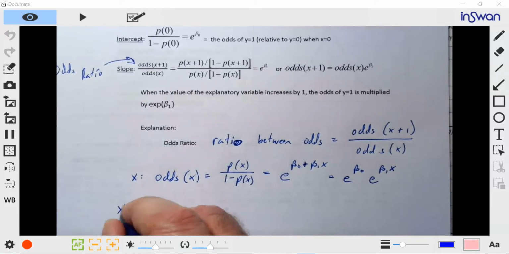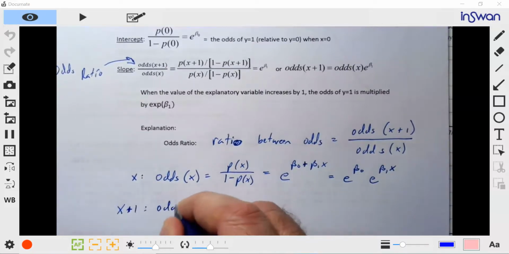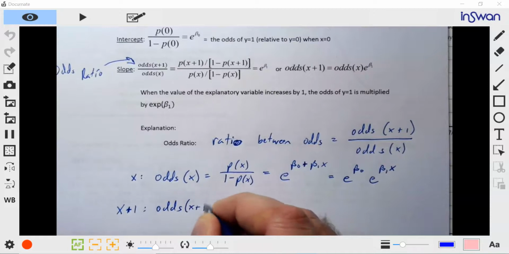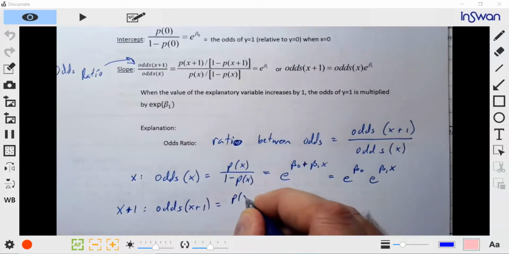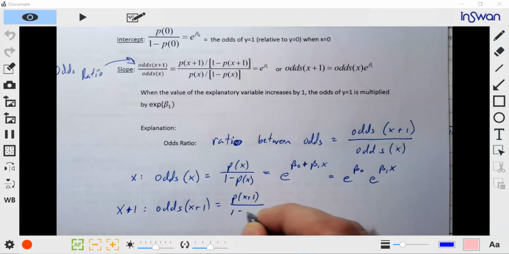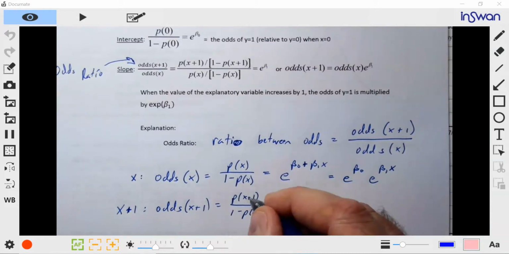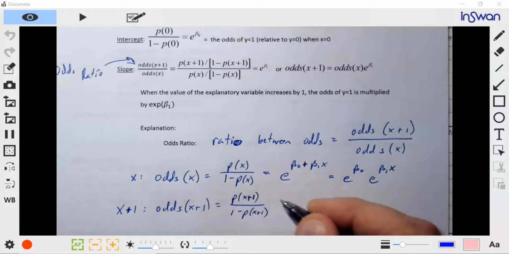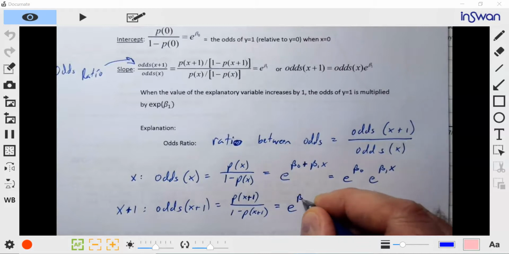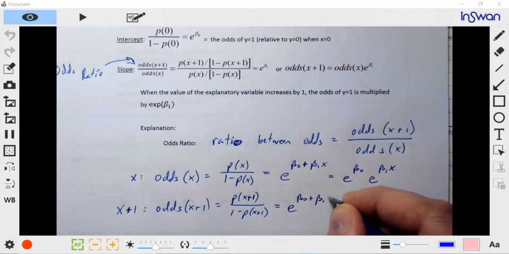So if, on the other hand, we're talking about x plus 1, a 1 unit increase in x, that would be p of x plus 1 over 1 minus p of x plus 1. And this is not a multiplication problem. This is a function. So we're looking at p as a function of x and p as a function of x plus 1. But again, we can write out our linear model, but now x is equal to x plus 1.